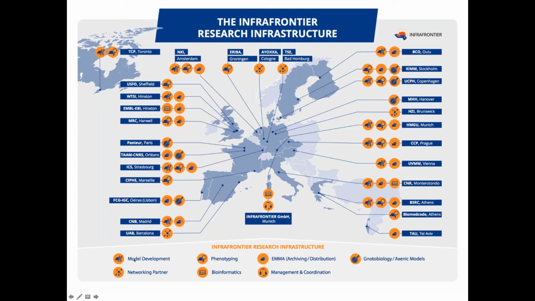As you can see, we have partners that do model development, that do phenotyping, that do the archiving and distribution via EMMA. We have partners that provide exonic services. We have partners that are mainly networking partners in our INFRAFRONTIER consortium.